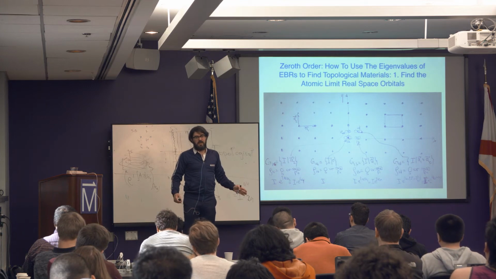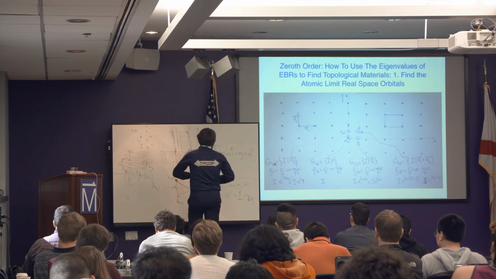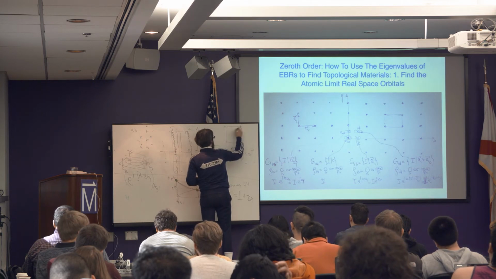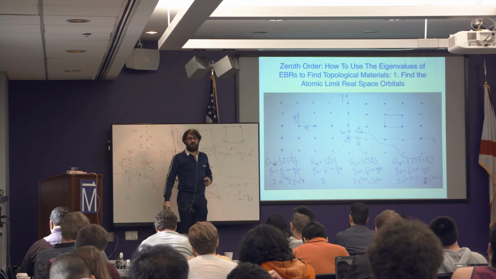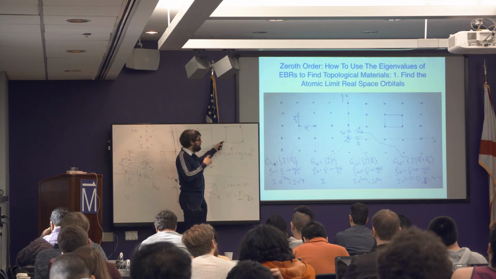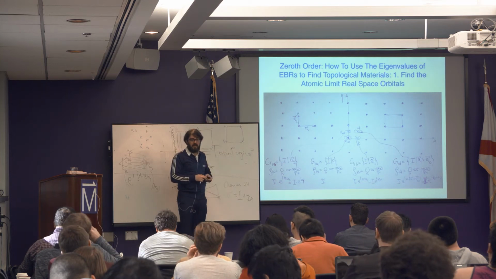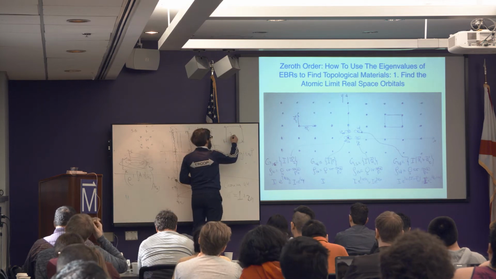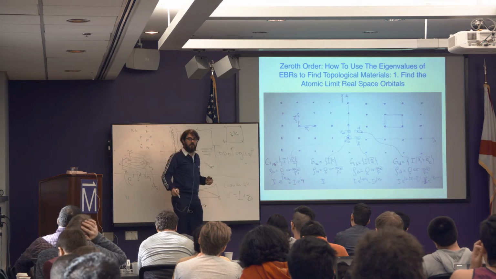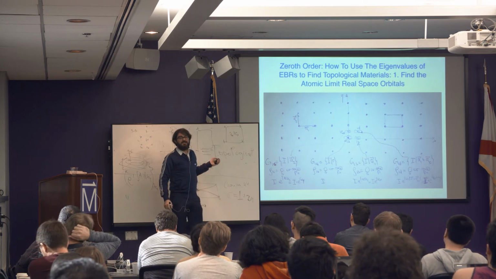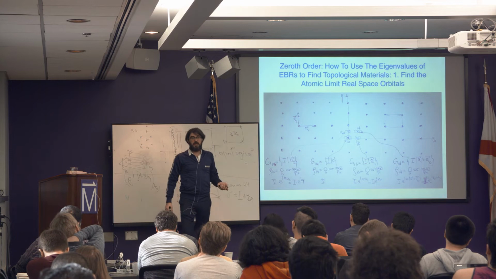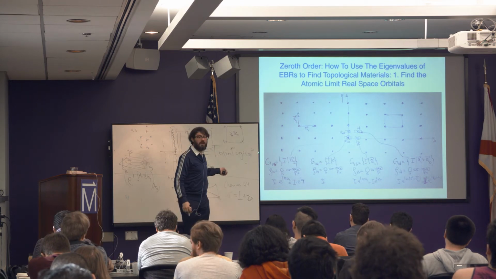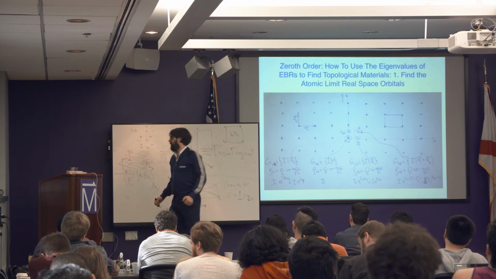Okay? So for example, this state here, if I have a band that has these eigenvalues, in terms of eigenvalues, this is an EBR, right? This is S1A induced into G. But this symmetry method would tell you it's trivial by the symmetry eigenvalues.